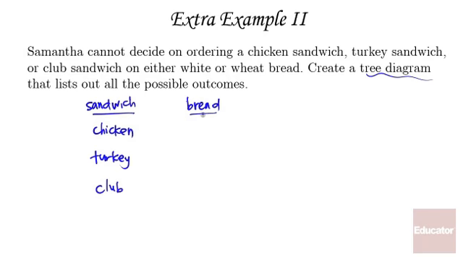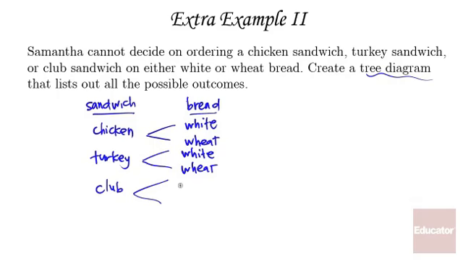What are the possible types of bread on the chicken? It's going to be white or wheat. For the turkey, white, wheat, and then on the club, you can get the club with white or wheat.